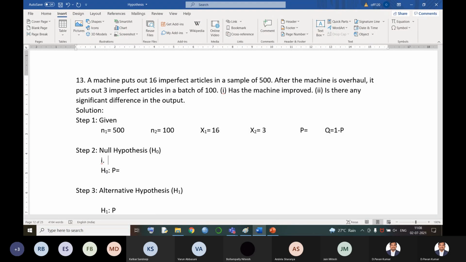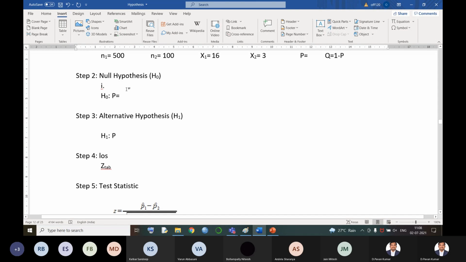So for the null hypothesis, what do I say? Always I should get the equal to symbol. Here, how many populations are there? Since we have two things, before and after, we have to verify that. Always the null hypothesis should have the equal to symbol only.